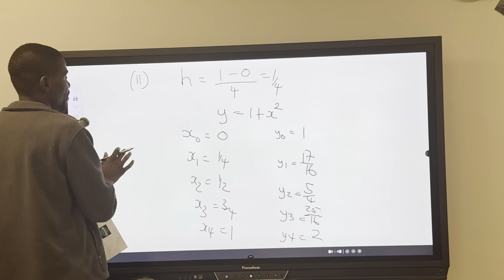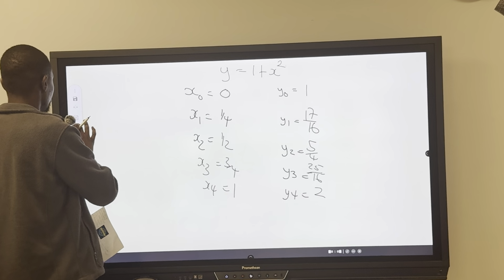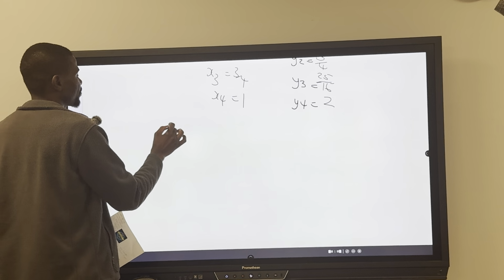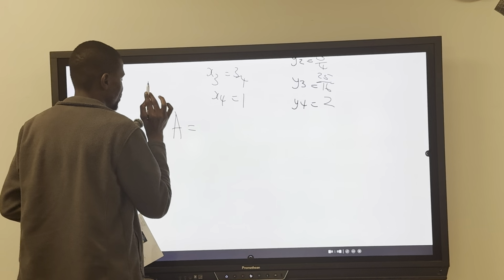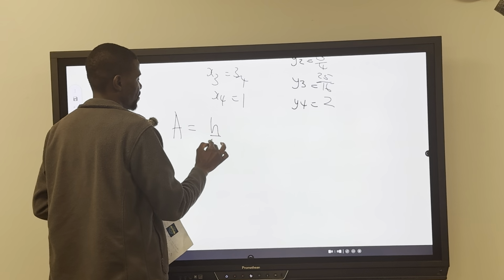So once we are here, just know that for the area, use this. It's always height over 2.